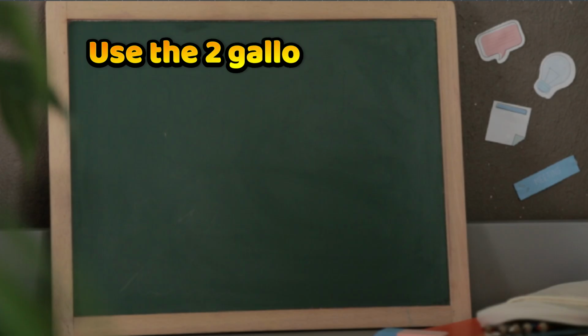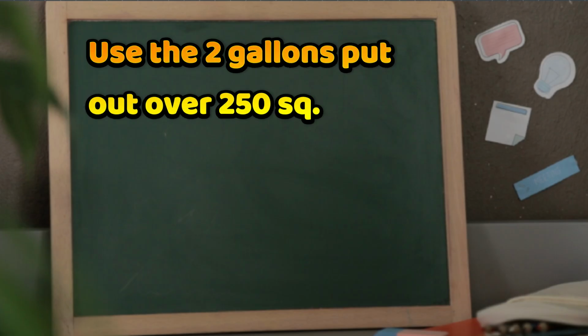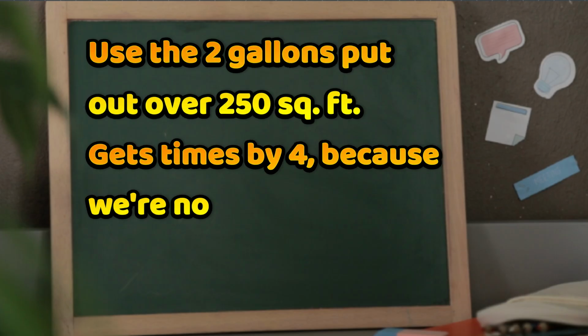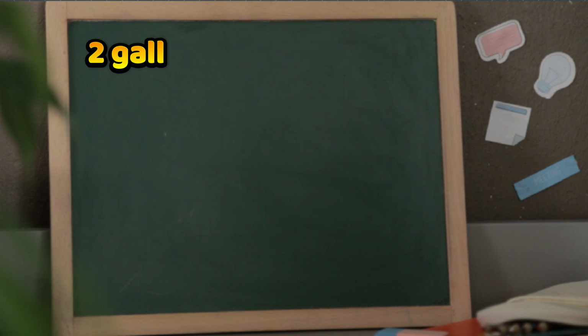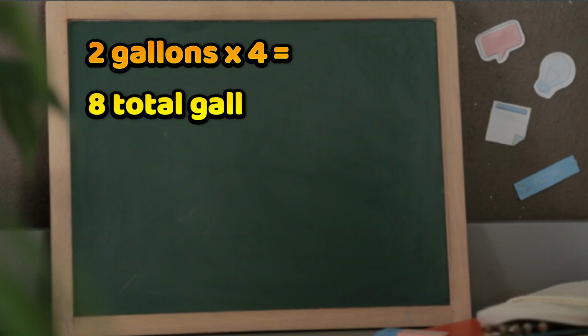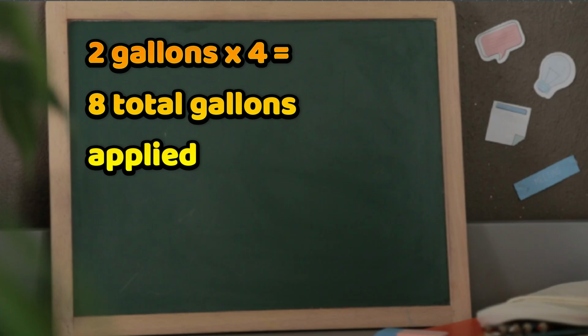We have a simple solution here. That 2 gallons we put out over 250 square feet gets multiplied by 4 because now we're treating 1,000 square feet, for a total of 8 gallons needed. I hope this helps out because so many people fail exams or don't apply right because of not understanding this, and it's really simple math.